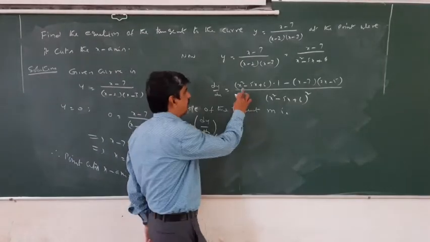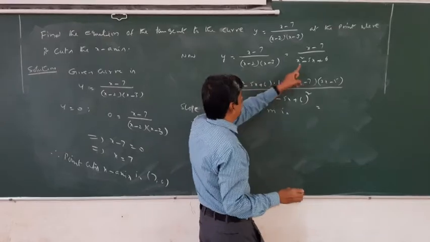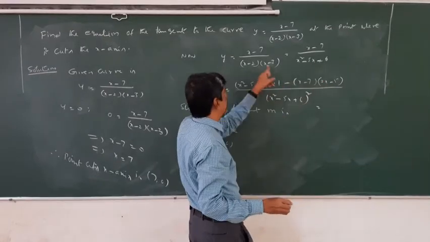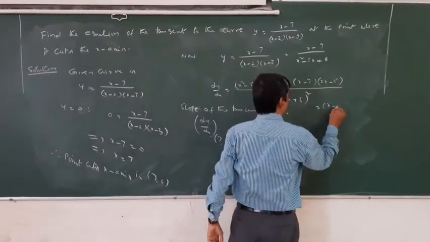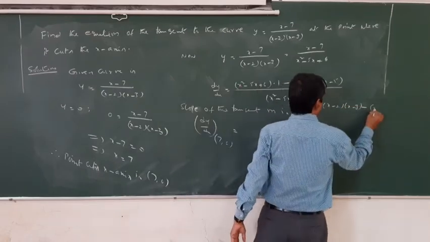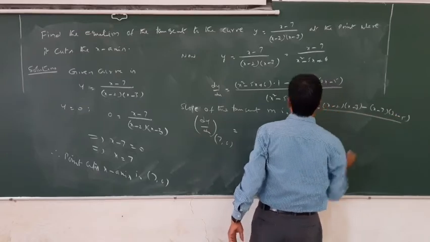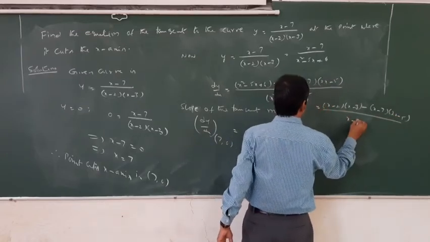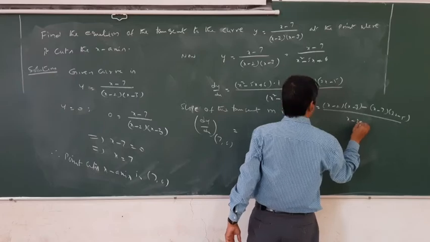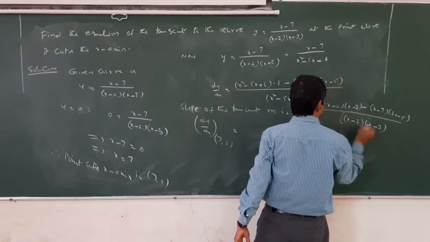So x square - 5x + 6 is nothing but (x - 2)(x - 3). So dy/dx = [(x - 2)(x - 3) - (x - 7)(2x - 5)] / [(x - 2)(x - 3)] whole square.